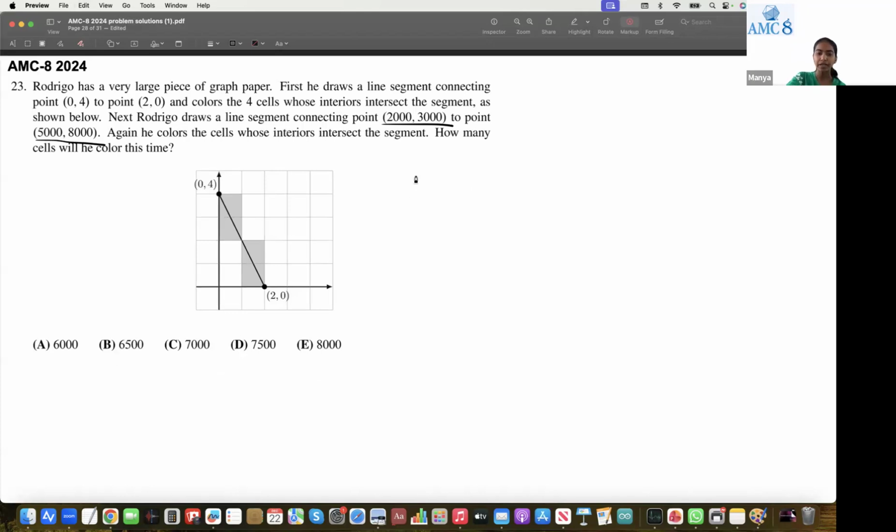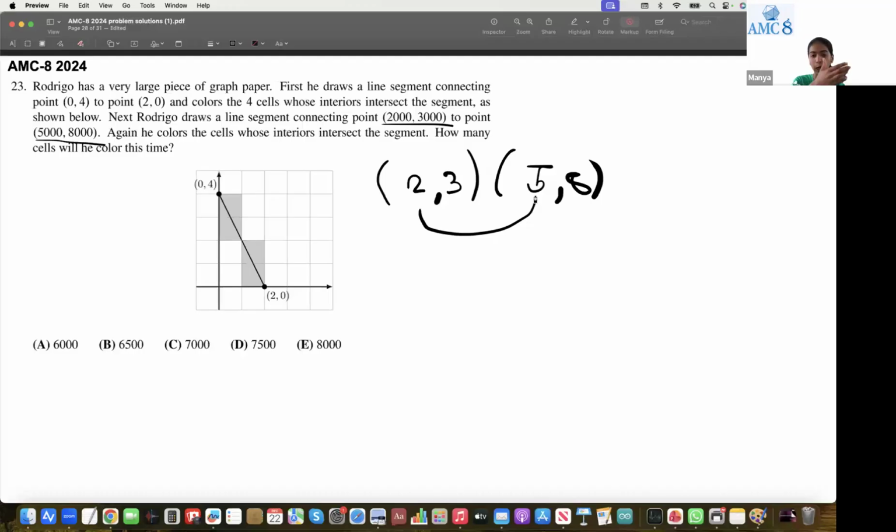So we'll be getting 2, 3, and 5, 8. To go from x2 to x5, we need 3. And to go from y3 to y8, we should be getting 5. So we need to move 3 right and 5 up.